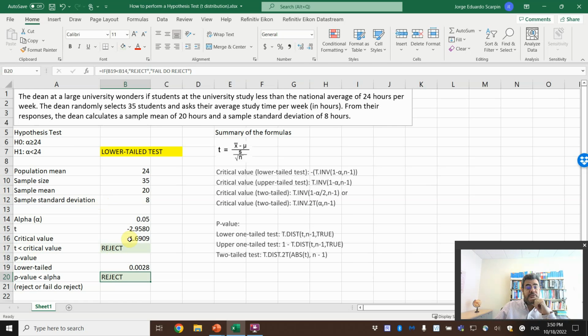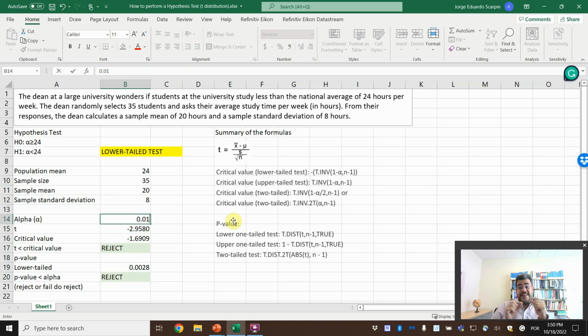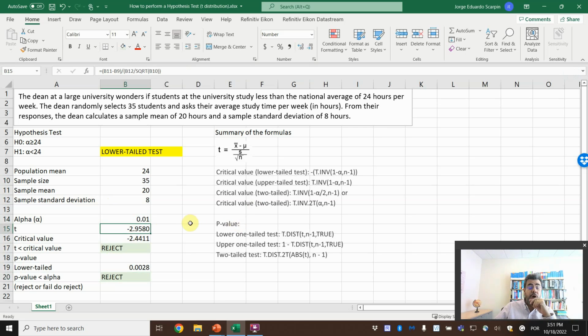However, instead of alpha 0.05, let's go 0.01, which is the most restrictive. On 0.05, we would be right in 95% of the times. With 0.01, we want to be right in 99% of the times. Well, we still reject it, both on 0.05 and 0.01.